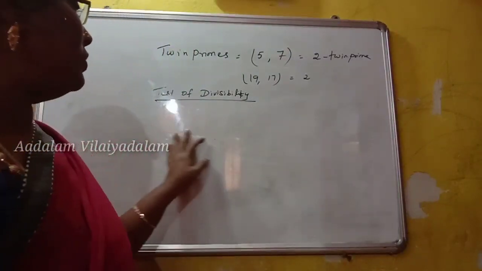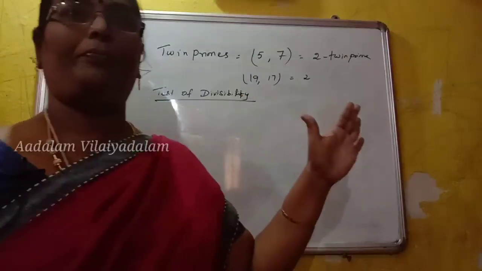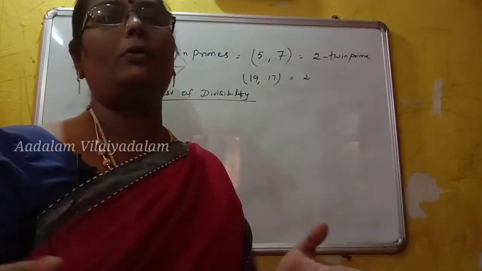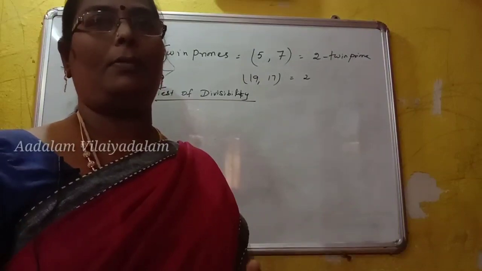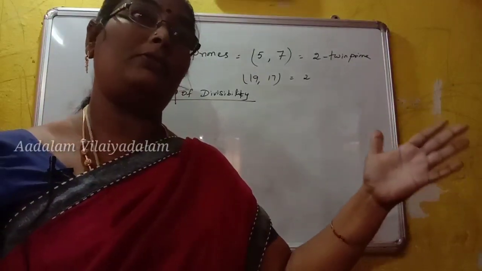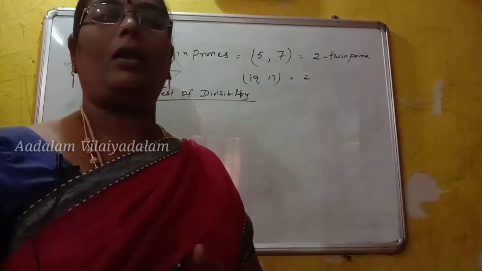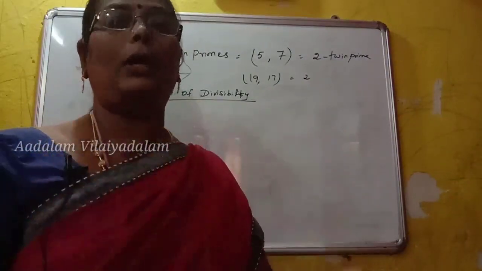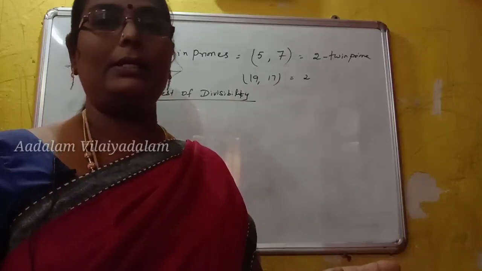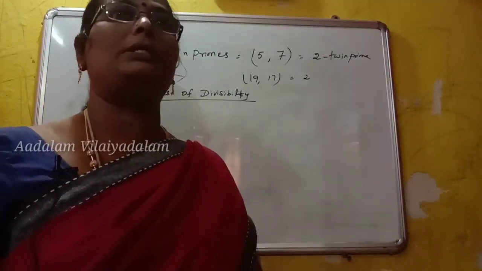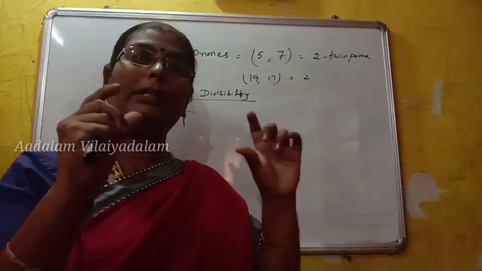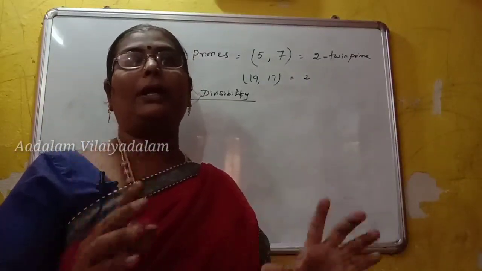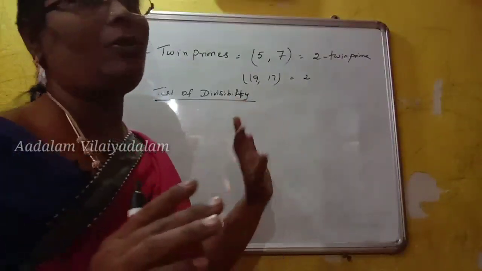If it is a 2 digit number, we can divide it by 2, 5, whatever number. But if it is a large number, 5 to 6 digits, how could you divide? It's a long process. You don't know whether the number will go in the 2 table or 3 table, you have to divide and see. To simplify that, we are using the test of divisibility.